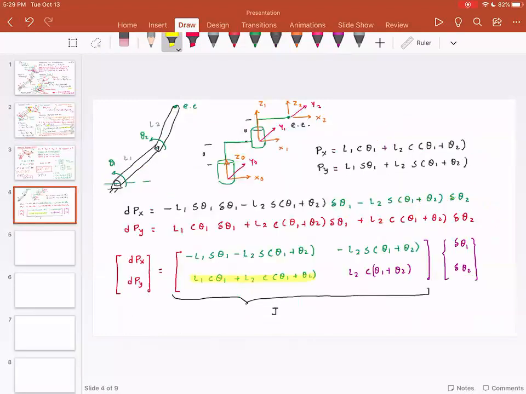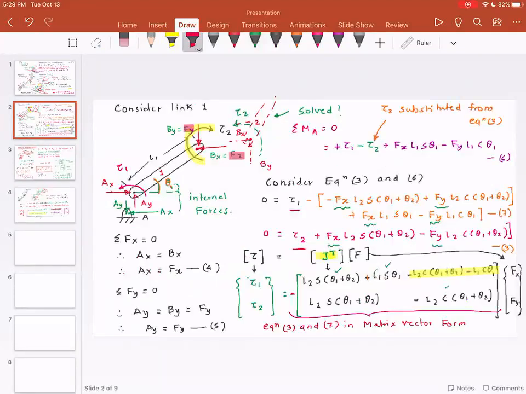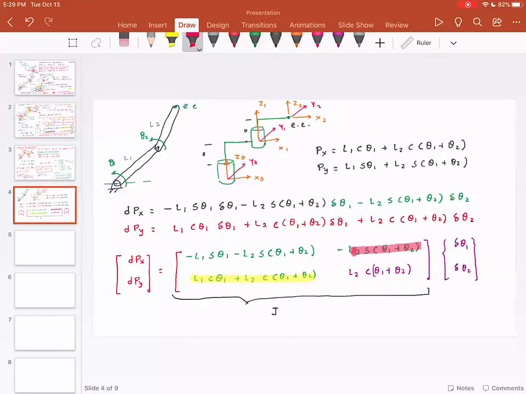If you look at this term, it is here. Don't forget that there is a negative sign on the left-hand side of this matrix. So indeed, once we solve this problem, we get the Jacobian transpose.